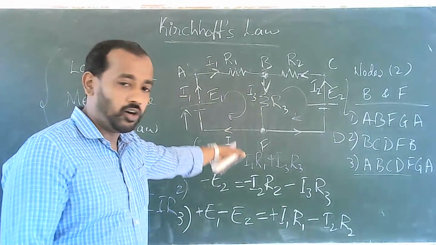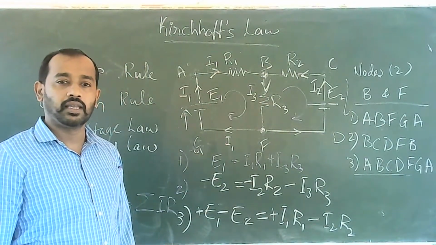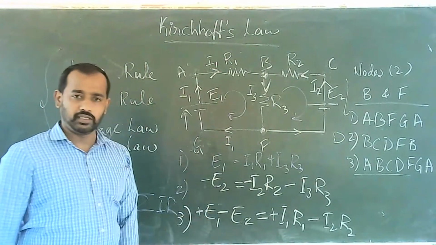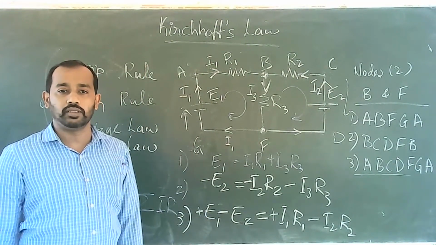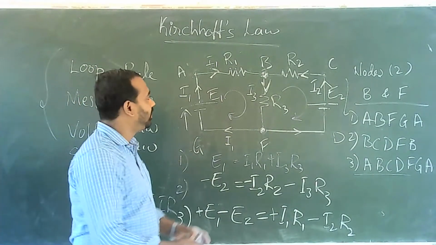Here we have obtained how many equations for this circuit? 4 equations. You can see the 3 equations. Which one is the 4th equation? One is obtained from Kirchhoff's current law.